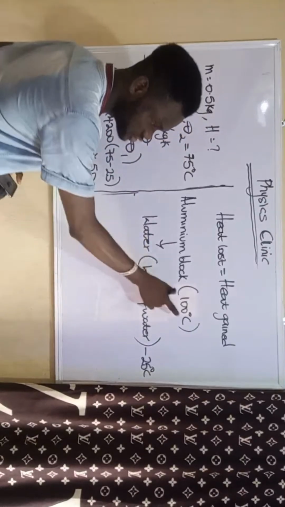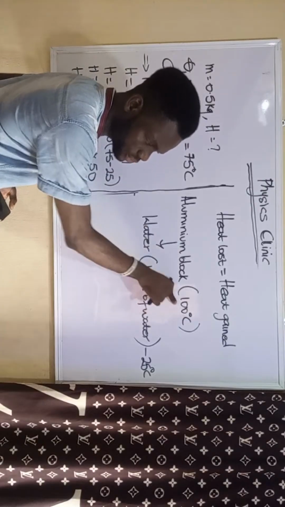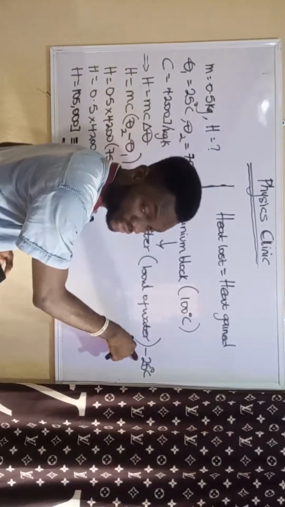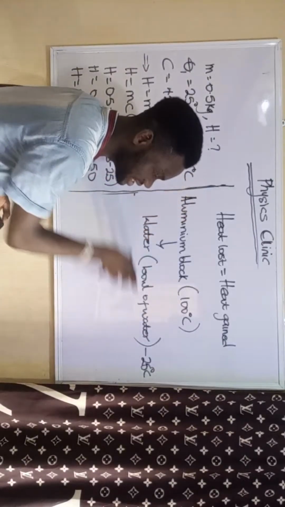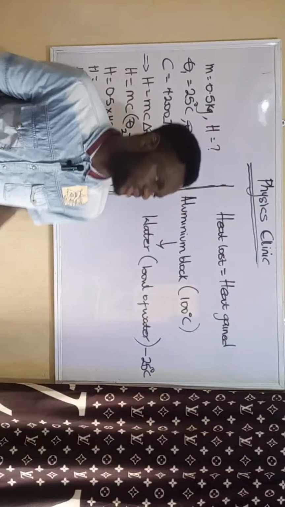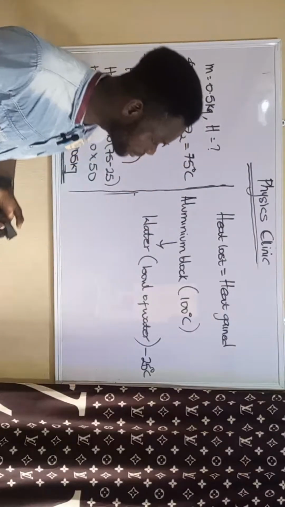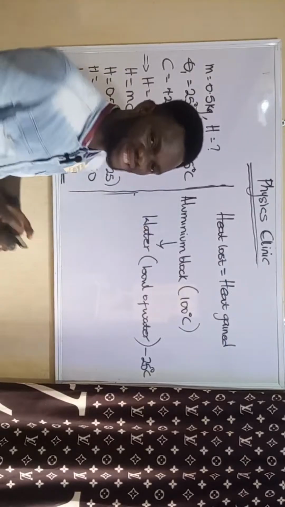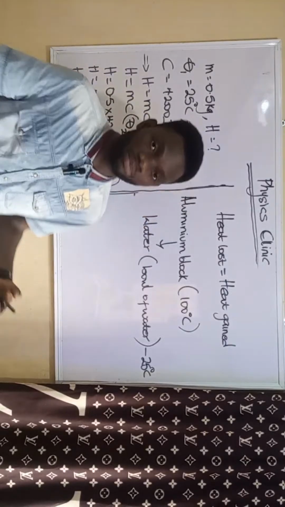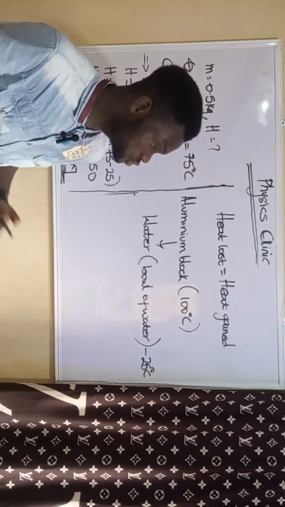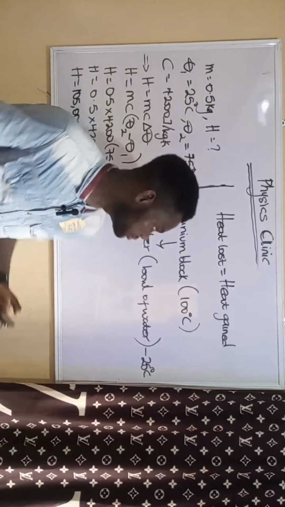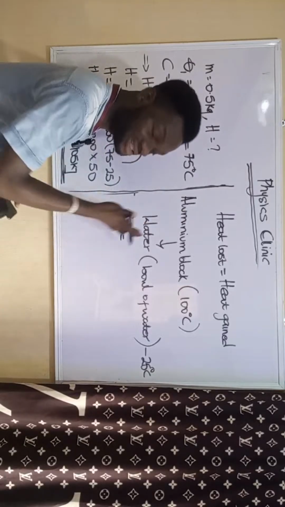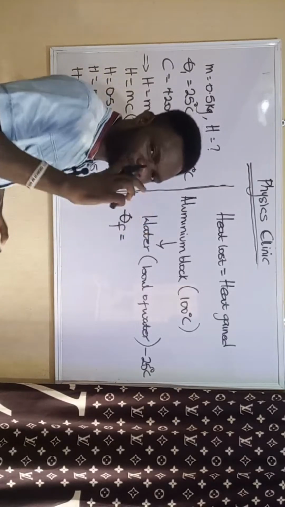So we observe a reduction in the aluminium block's temperature, while an increase in the water's temperature. But then we will get to a particular point where both the aluminium block and the water will be at the same temperature, what we usually call the equilibrium temperature. So the final temperature of the aluminium block and the water will end up having a particular value.